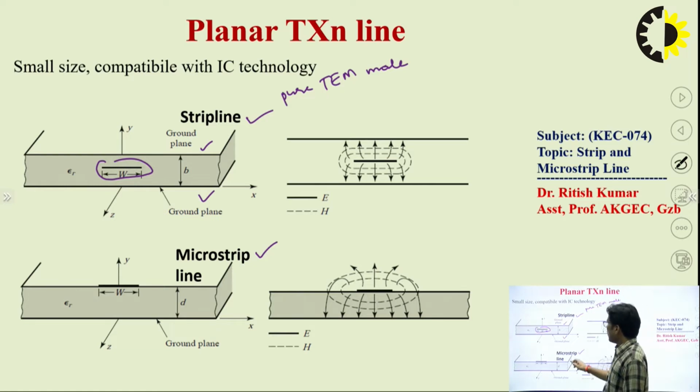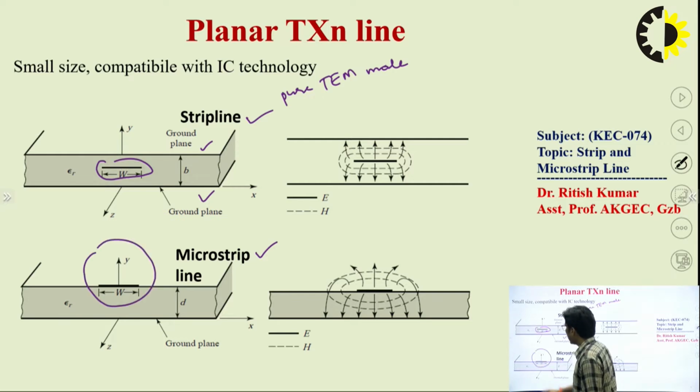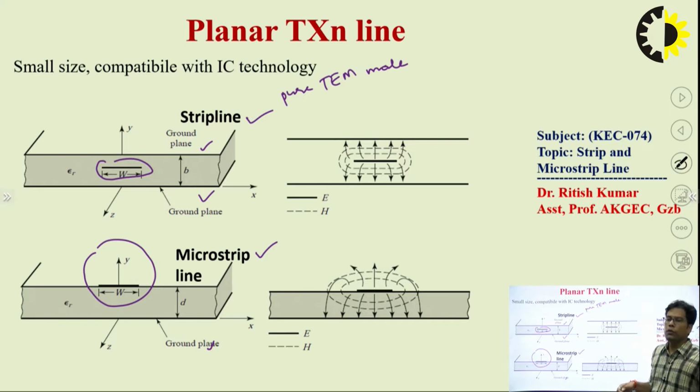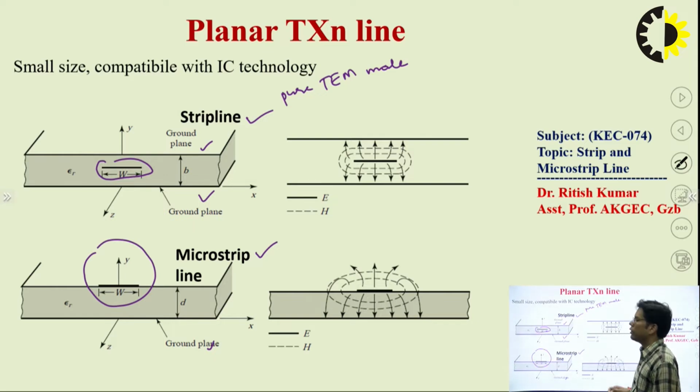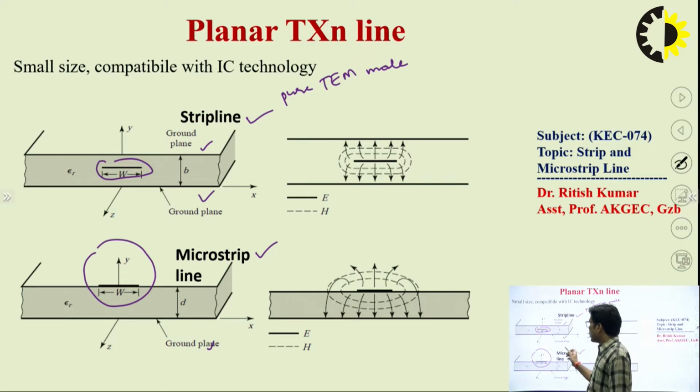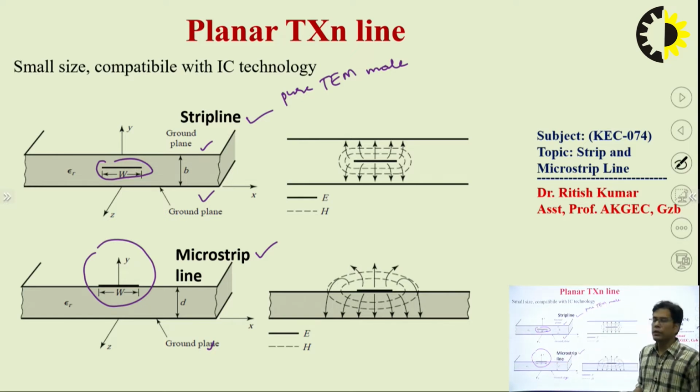While in the case of microstrip line, you can see here this is a center conductor, and this one is the ground plane here. Again, at least two disjoint conductors are present here, while the second condition for the pure TEM mode says the surrounding medium around the center conductor should be homogeneous by nature.